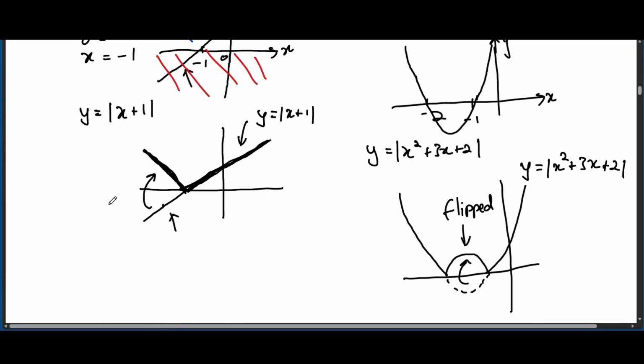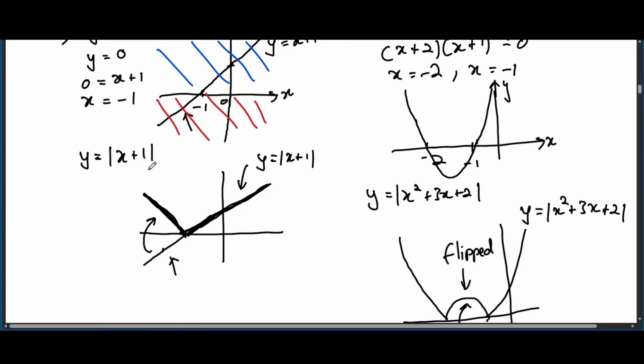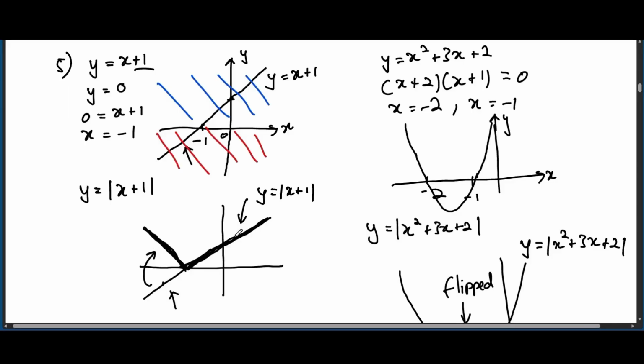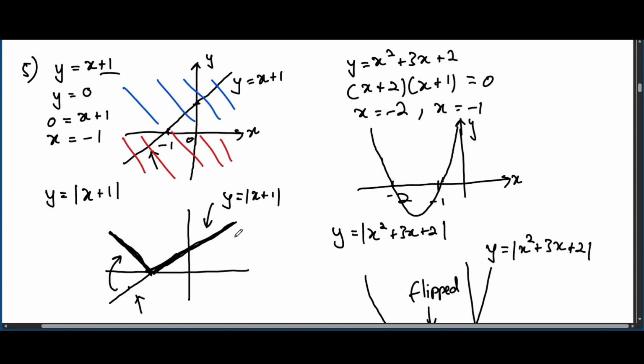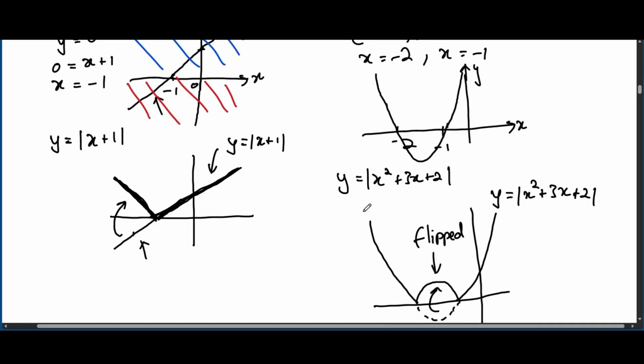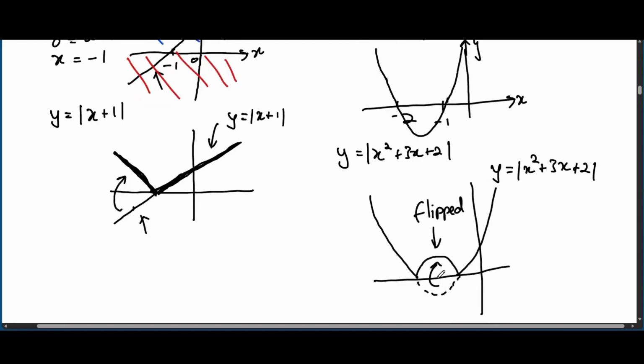The graph looks like a V shape because the negative part has been flipped to the positive part. Applying that concept of flipping to a non-linear case like the quadratic graph, you can see a lot of weird shapes will be generated using absolute value.